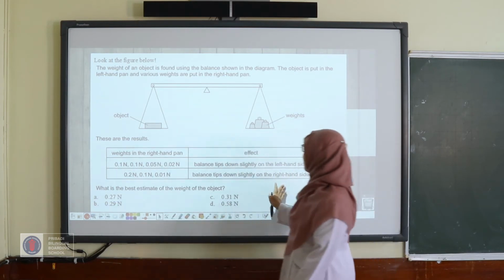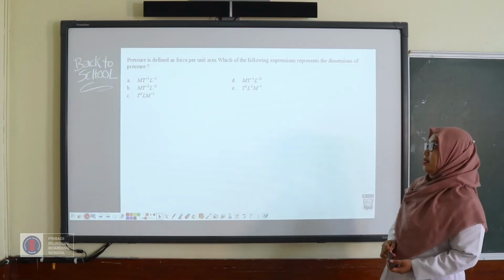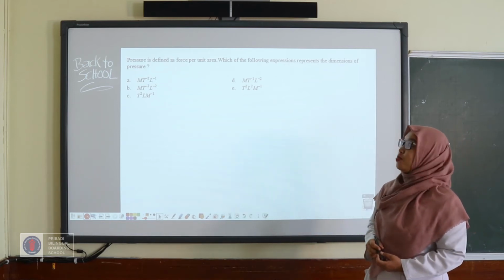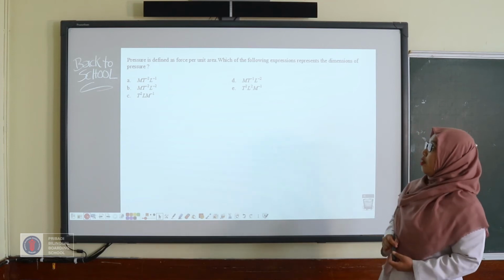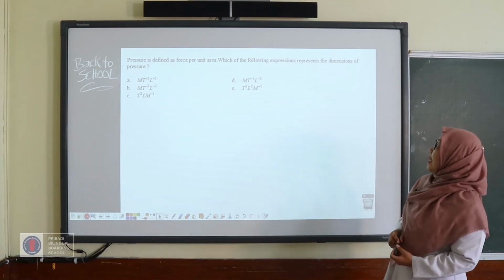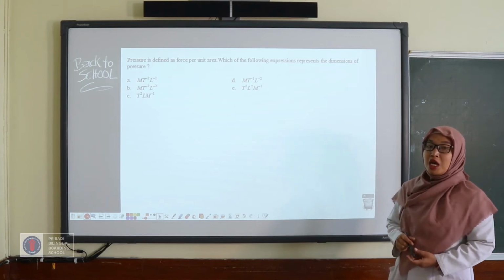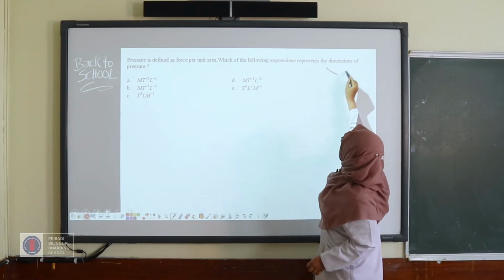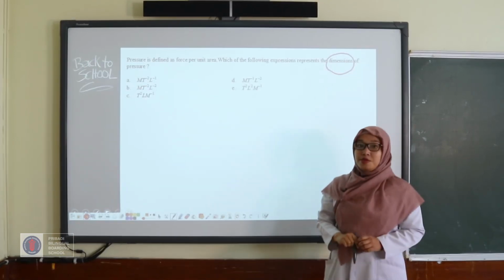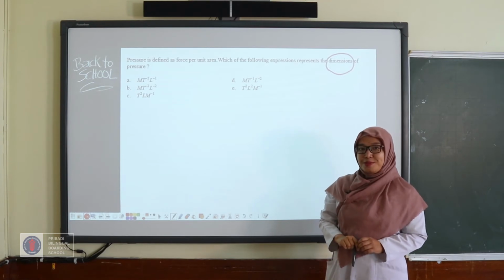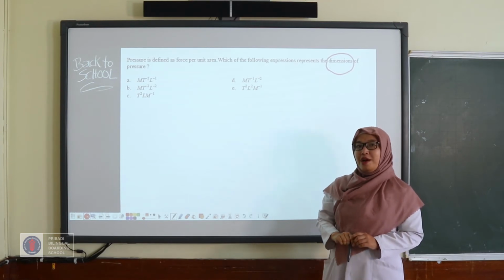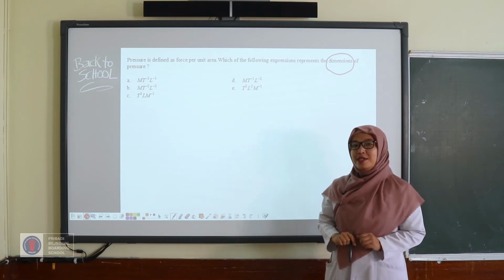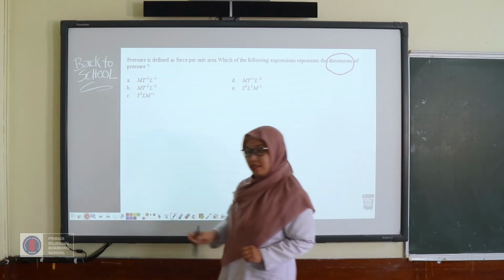Here is the question. Pressure is defined as force per unit area. Which of the following expressions represents the dimension of pressure? The keyword of this question is the word dimension. If we have to find the dimension, what should we do? Yes, right, we have to analyze the unit. We have to derive its base unit. Let's solve it together.